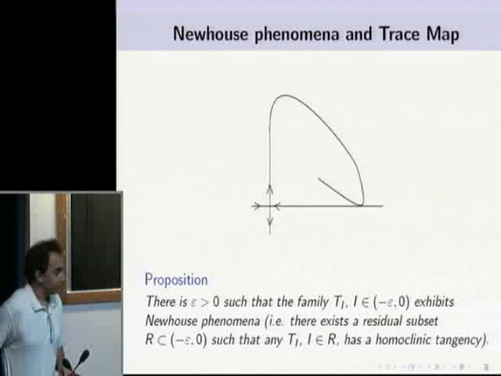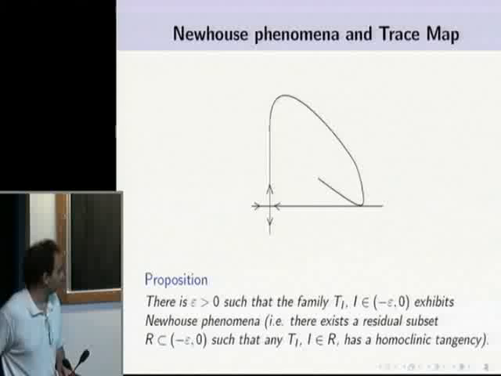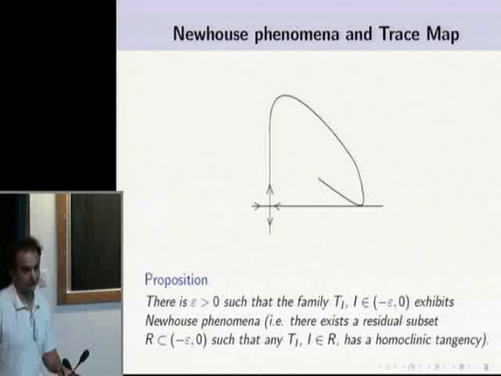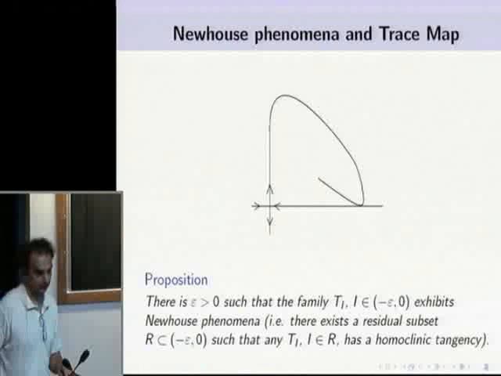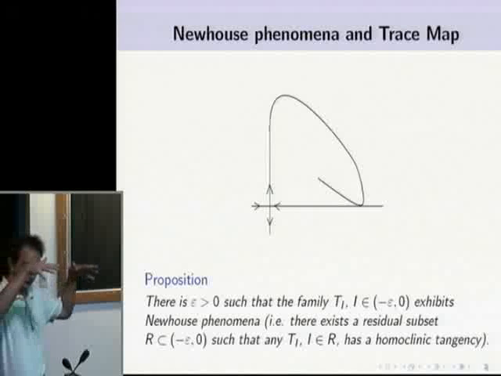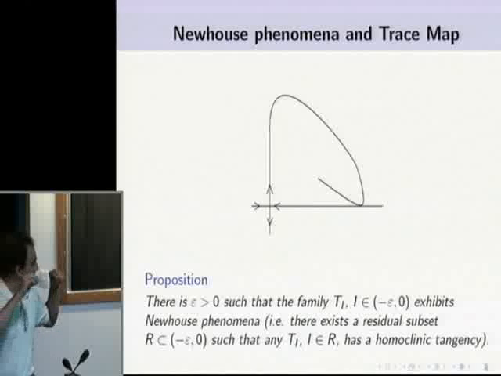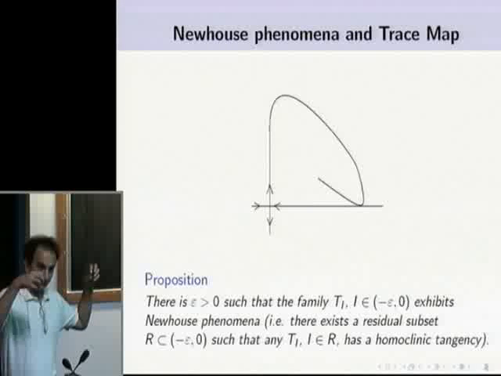Well, it turns out that in our case, we do have the Newhouse phenomenon, at least for parameters which are close enough to zero, but negative. So as soon as you start with Kelly-cubic and change it a little bit, what happens is you lose hyperbolicity in the neighborhoods of singularities.